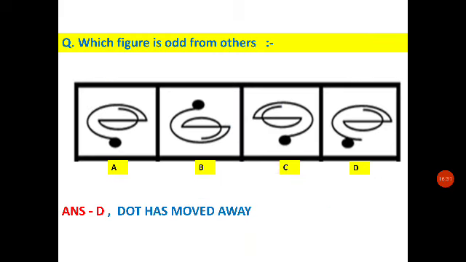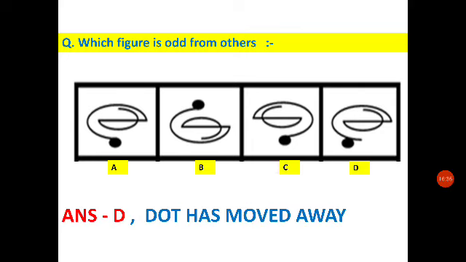Now which figure is odd from others? Again, answer is D. Now here you have to see the difference very carefully. All the figures are same.